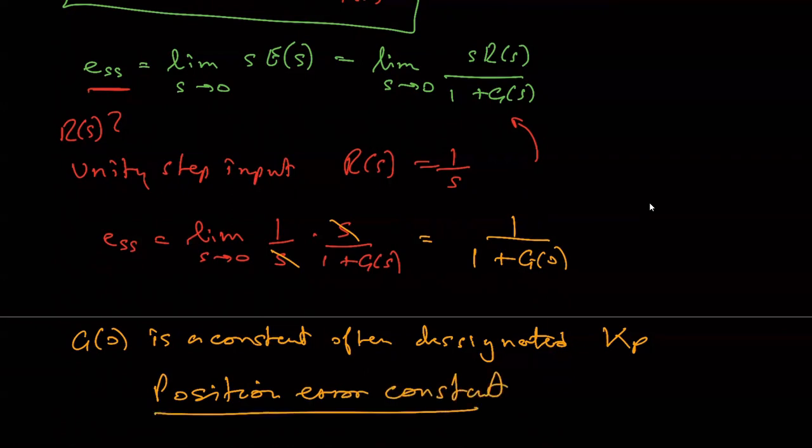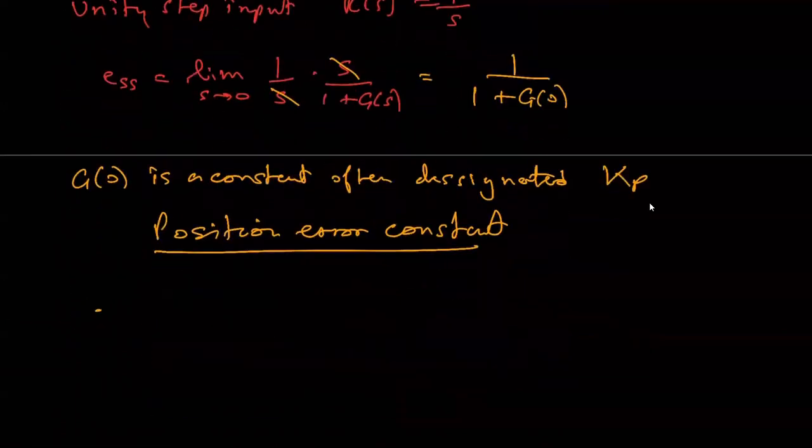Okay, the position error constant. So the steady state error is 1 over 1 plus Kp, which we have to remember is G of 0.